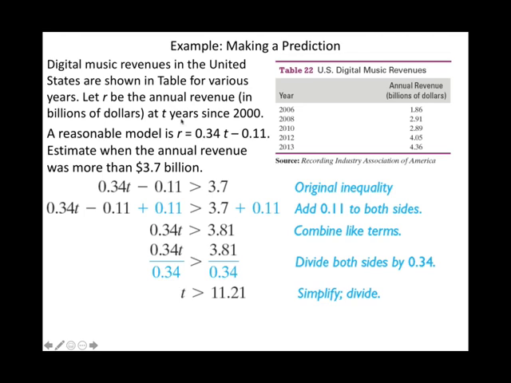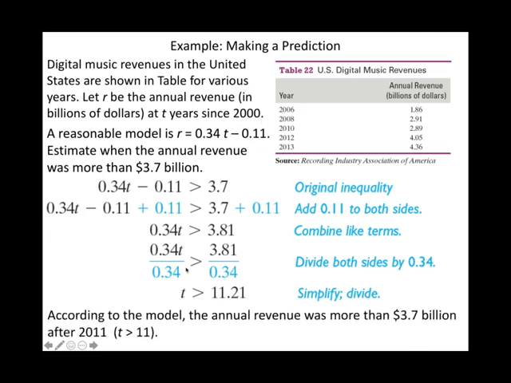So t equal to 0, this is gonna be year 2000. Right now you have t equal to 11. So you're gonna add 11 to this. That will be 2011, right? So according to the model, the annual revenue was more than 3.7 billion after 2011. That's it.